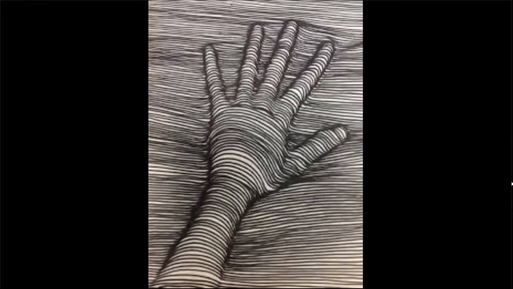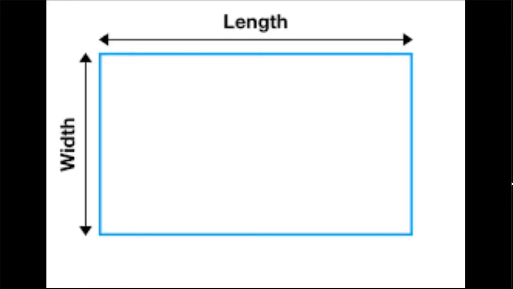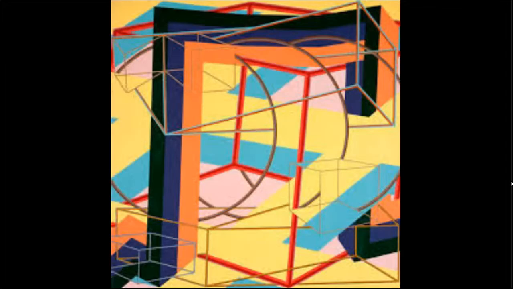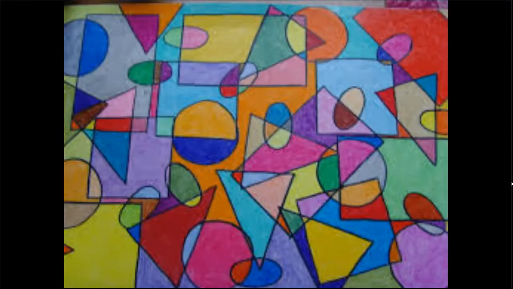Line is pretty self-explanatory. It is a path created, starting from one point going to another, varying in thickness, length, and overall shape. Then, there's shape. Shapes have 2 dimensions, length and width, and can be geometric or organic.